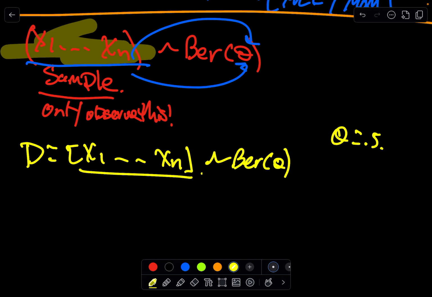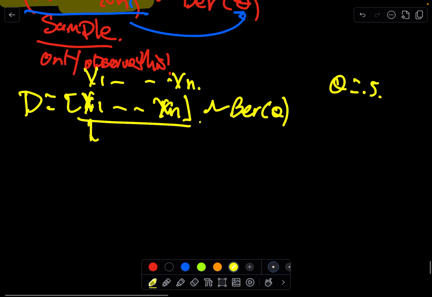The idea is that for our data, it makes most sense to choose the theta that would make our data most likely. That may be a bit confusing, but let's consider the joint density.